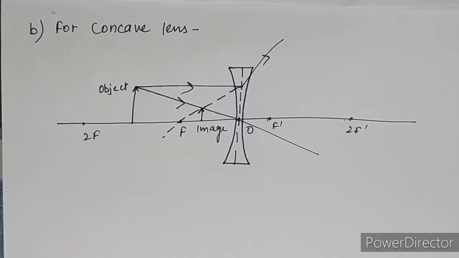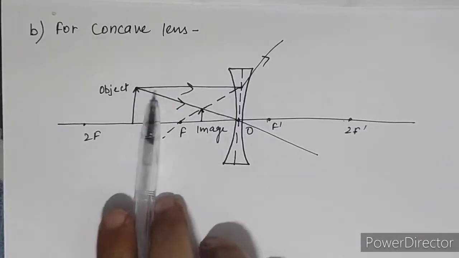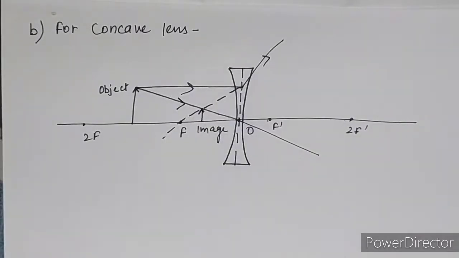In the concave lens, the incident ray is directed forward towards the focus. So we always take in the concave lens that it goes parallel to the principal axis. Okay, this is all about the rules.